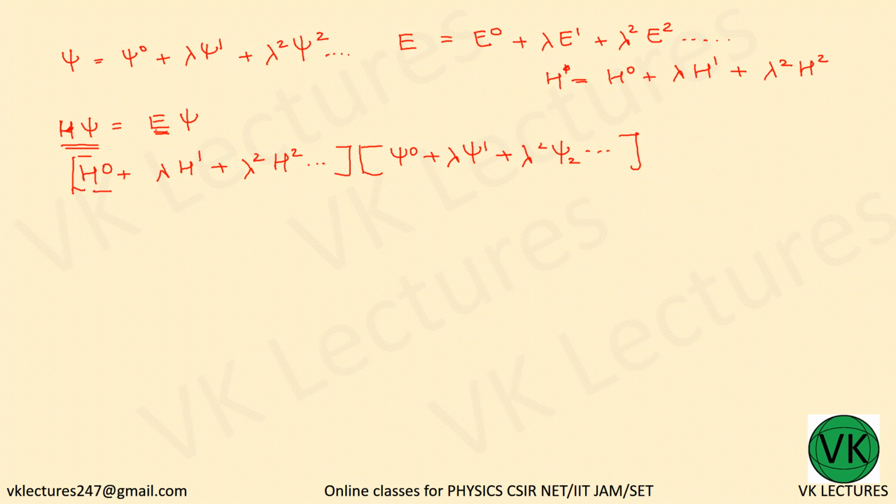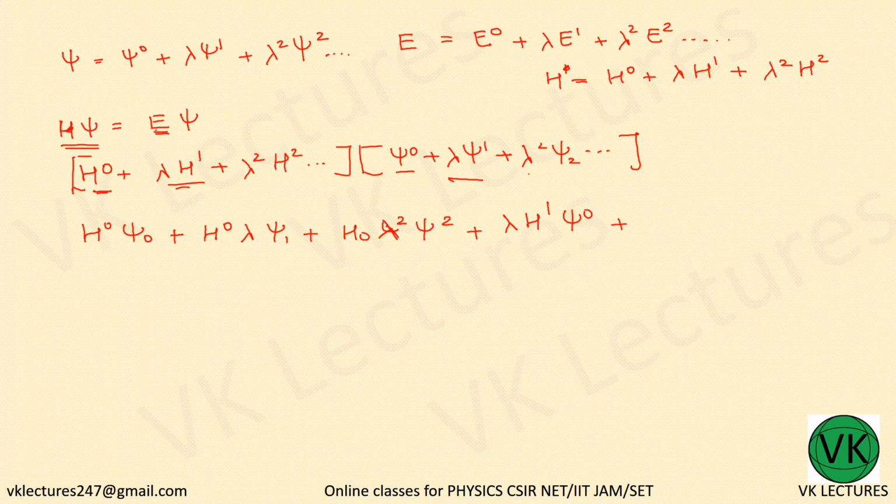Now H naught will go with psi naught, plus H naught into lambda psi 1, plus H naught into lambda square psi 2. We have multiplied H naught with all the terms. Now we go with the second term. Lambda H1 will go with psi naught.